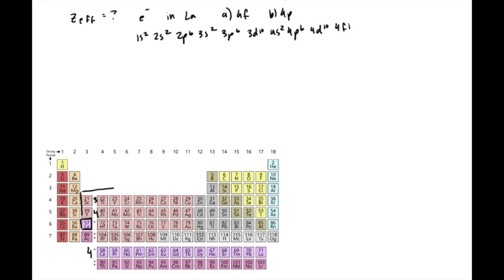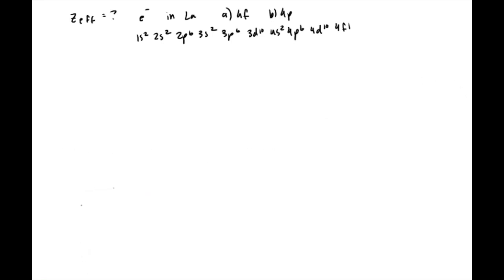And so let me just clear this a little bit. Okay. And so this is the electron configuration, and now from there we can use this to determine the contribution of shielding that each electron has. And so let's start with the first part.